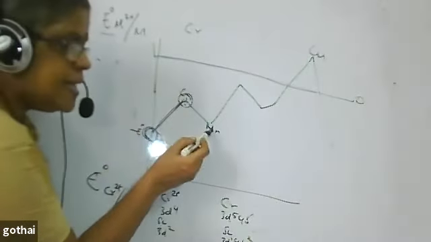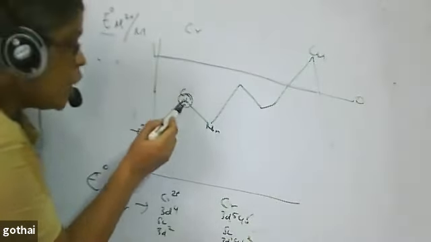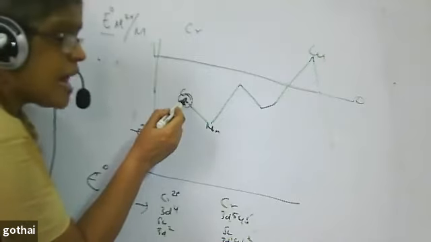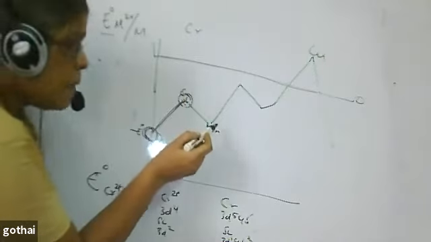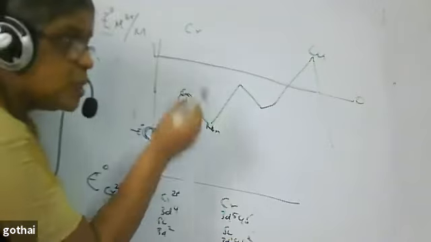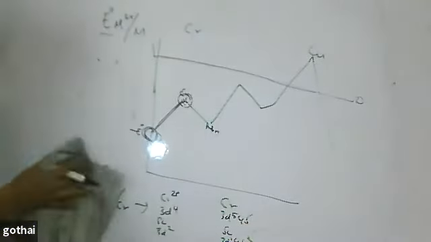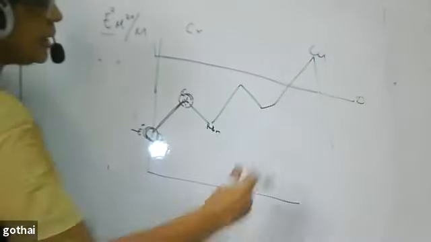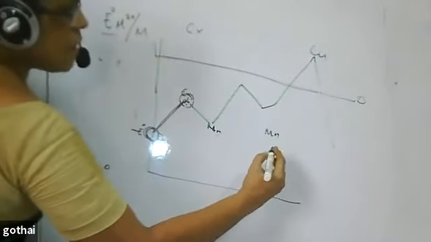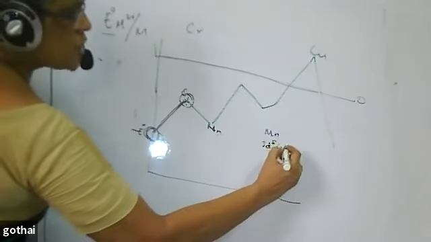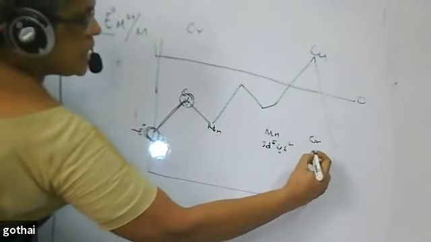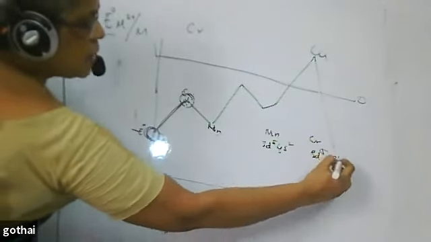If I compare chromium and manganese, the chromium E0 value is higher and the manganese E0 value is lesser. Why? Understand? If I take manganese, it is 3d5 4s2. If I take chromium, it is 3d5 4s1.